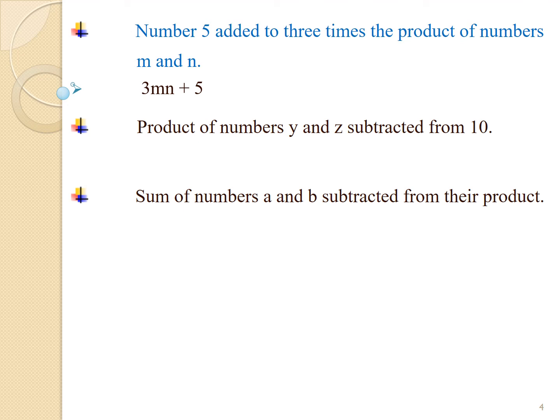Now, sum G. Product of numbers y and z subtracted from 10. Let us first find the product of y and z. Then after, subtract the product we obtain from 10.